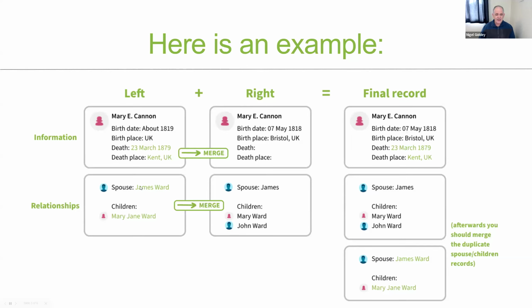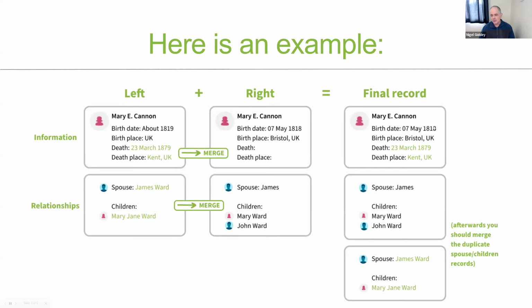This Mary Cannon has a James Ward and a Mary Jane Ward as children. And this Mary Cannon has a James and a Mary Jane Ward and a John Ward as children. Now the children go from the left to the right. If I didn't move the relationships from the left to the right, this James Ward and that Mary Jane Ward would be left without a wife or without a mother.